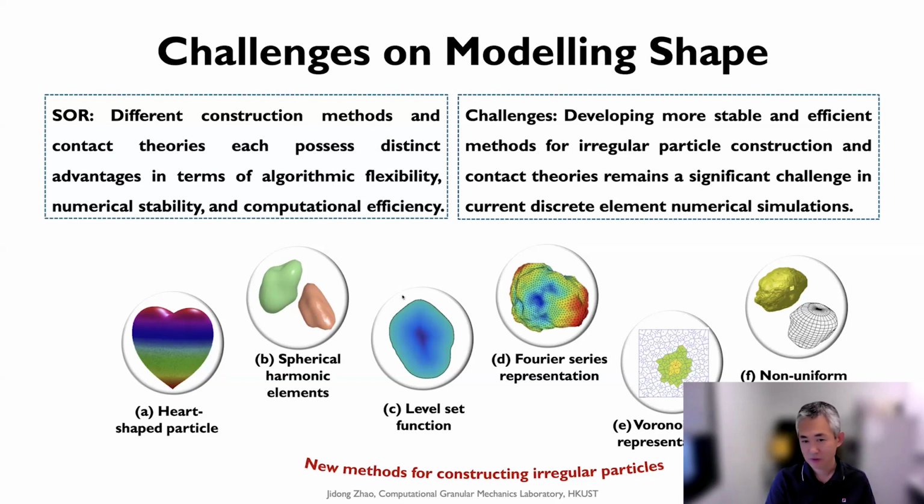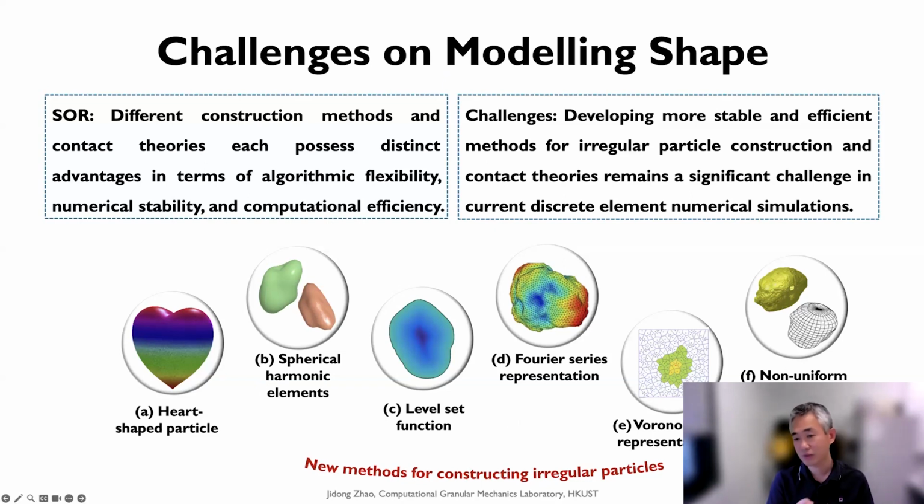For example, the popular ways of modeling shape in DEM use spherical harmonics, level sets, Fourier shape descriptors, non-grid representations, or NURBS shapes here. This gives us a lot of options to choose from in terms of these algorithms, and also we can choose different methods with different numerical stability and computational efficiency here.